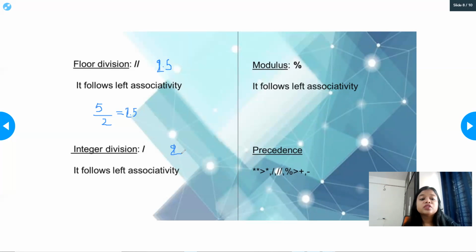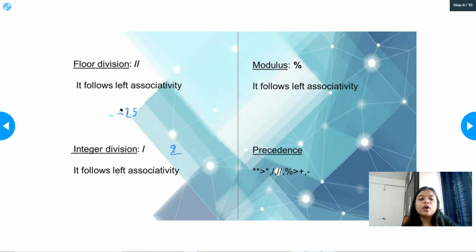So basically whatever the integer part is, it is going to print that only in integer division, whereas in float division we are going to get the exact, precise answer, precise till 16 digits after the point. So that was what float division and integer division are.